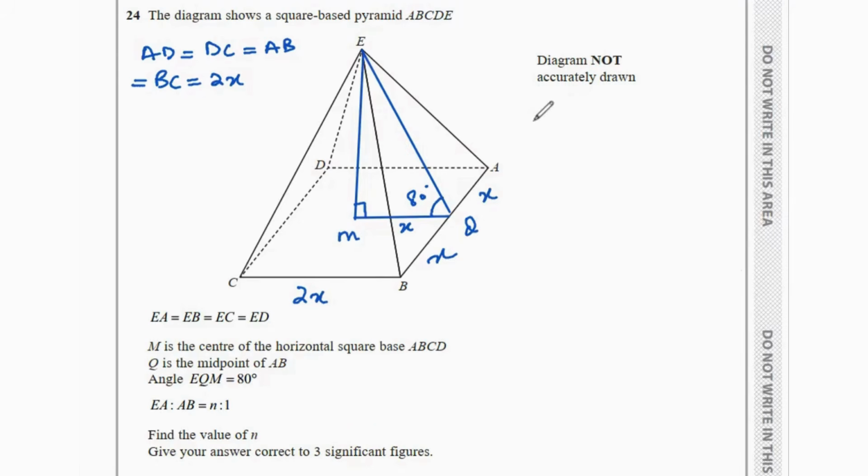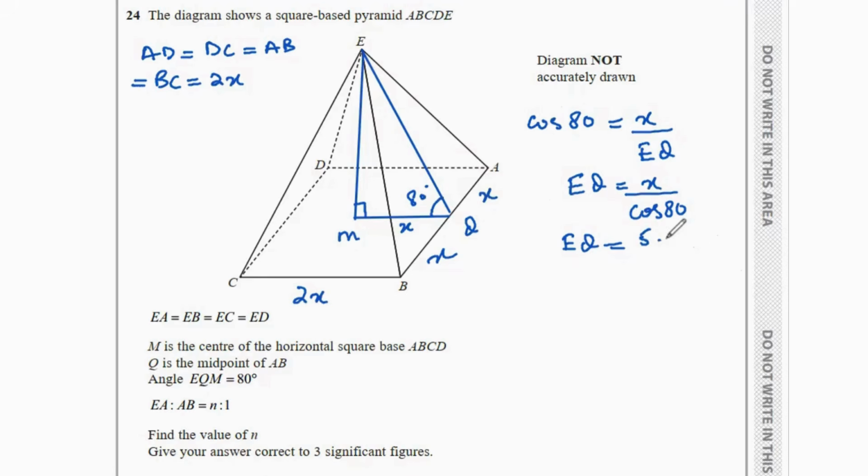We can use cos of 80 equals x over EQ. So EQ is going to be x over cos of 80, which is going to give us 5.76x.